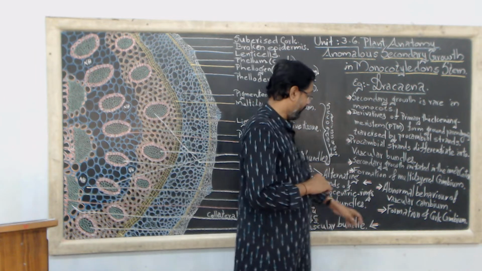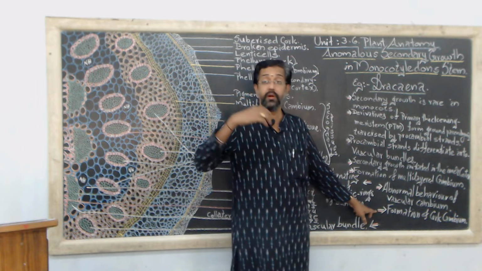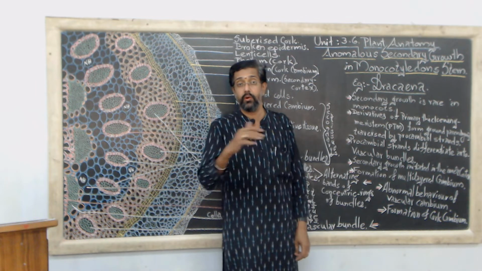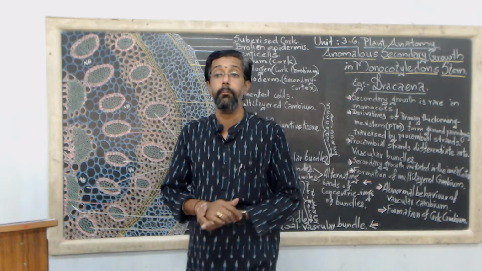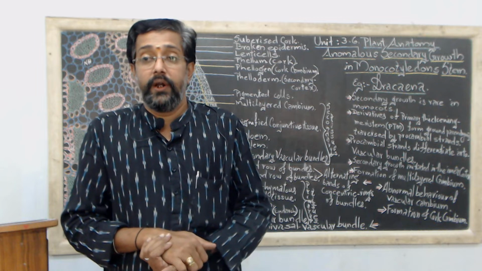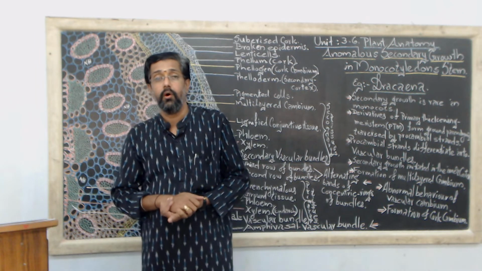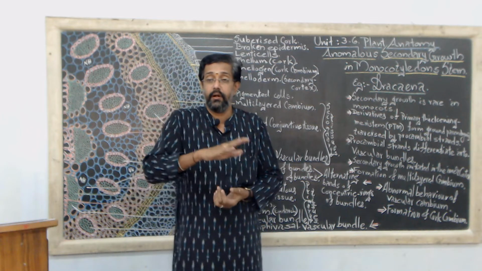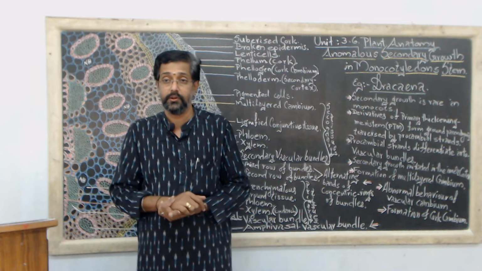Here we can see, in addition to the ground region, the peripheral region or outer zone of the stem shows the formation of cambium. So in monocots there is no stelar region or cortical region, no such clear differentiation as seen in dicotyledonous plants.